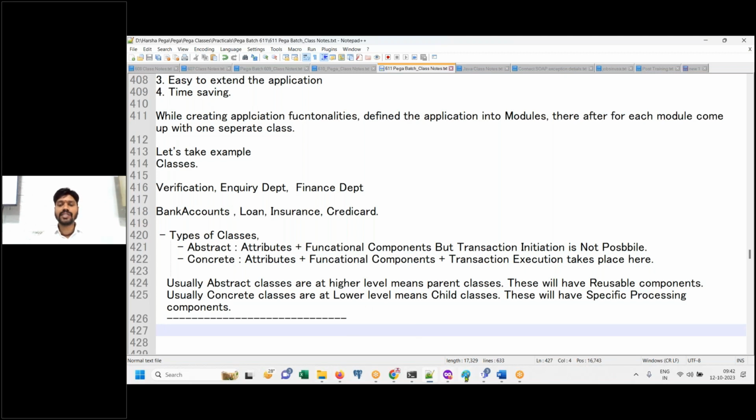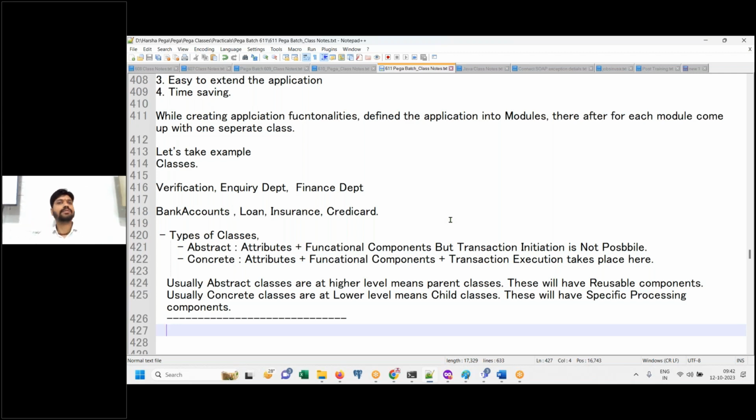Look at the organization structure diagram. Try to imagine and recollect the diagram: organization, multiple divisions, units. Consider those levels as classes. Is the organization abstract or concrete? Abstract. Organization is abstract. Are divisions abstract or concrete?